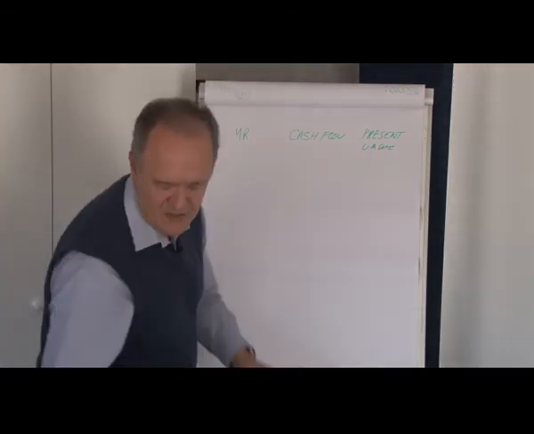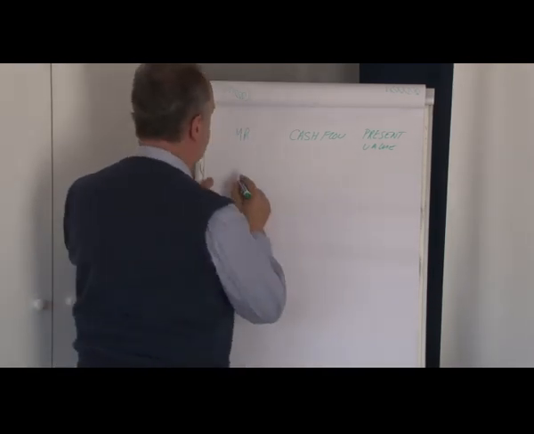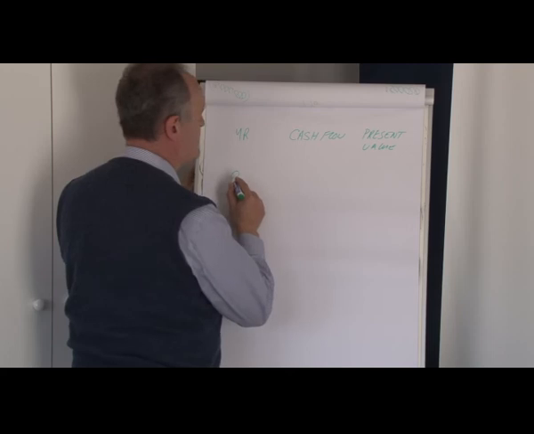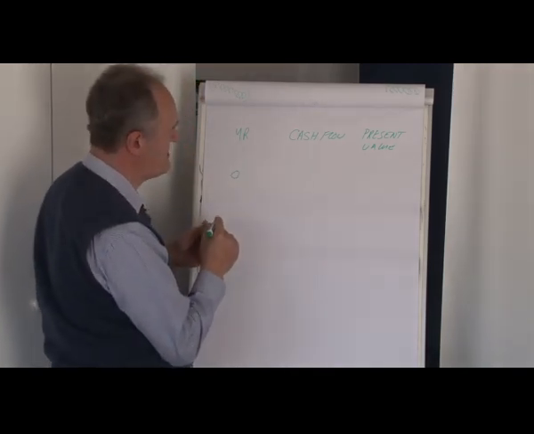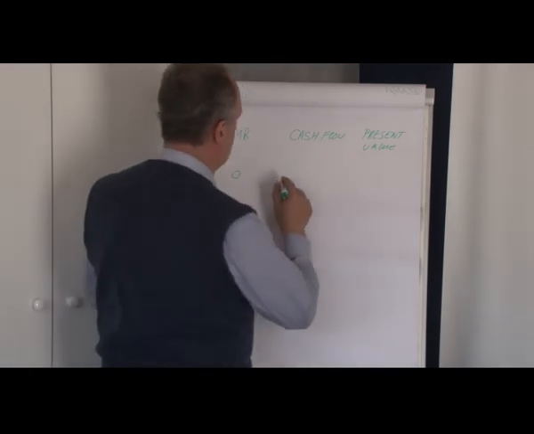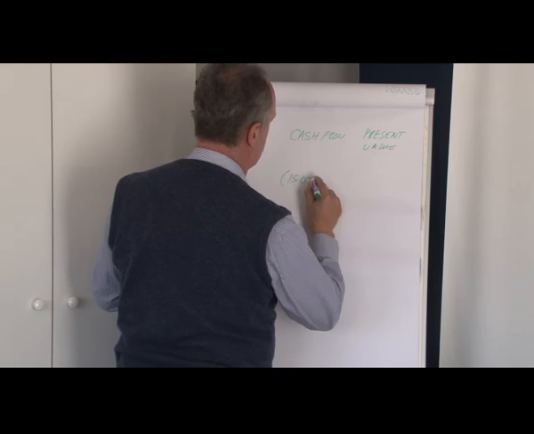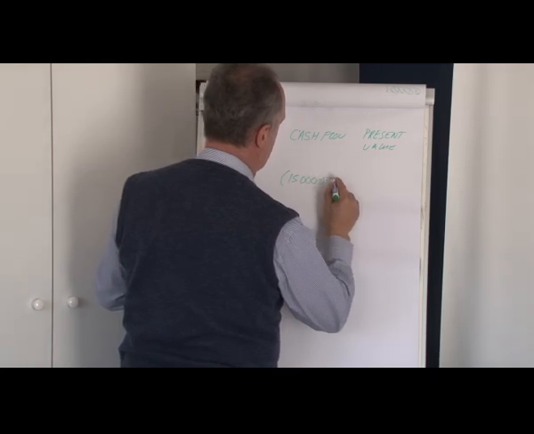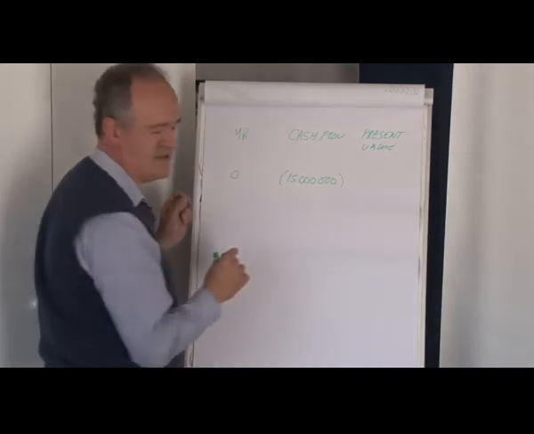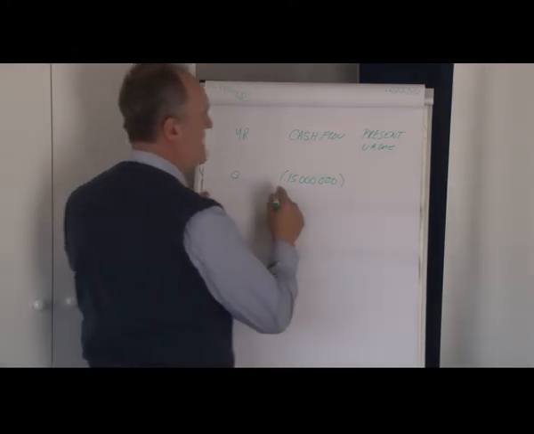So you've got the years, naught, because we had the outflow at point naught on the timeline, which I showed you on the previous page. You had an outflow of 15 million, which is negative, so I'll put it in brackets. And the present value of that remains 15 million because it's already at point 0 on the timeline.